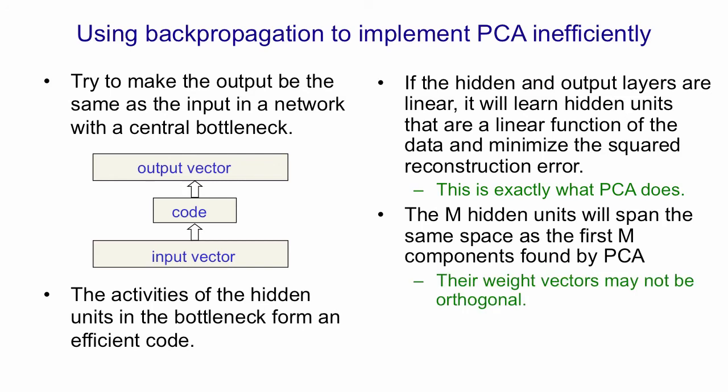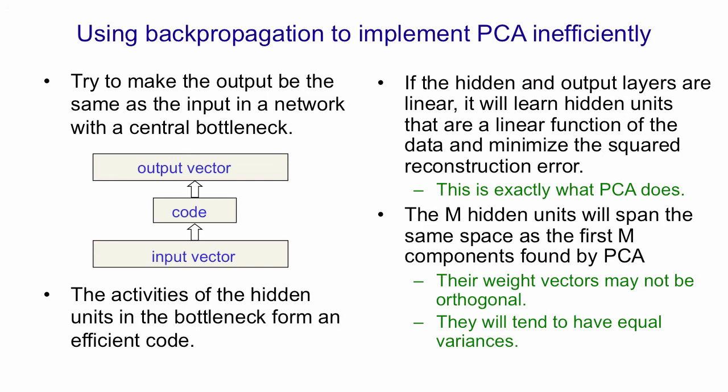So the incoming weight vectors of the code units, which are what represent the directions of the components, may not be orthogonal, and unlike principal components analysis, they will typically have equal variances. But the space spanned by the incoming weight vectors of those code units will be exactly the same as the space spanned by the m principal components. So in that sense, this network will do an equivalent thing to principal components.